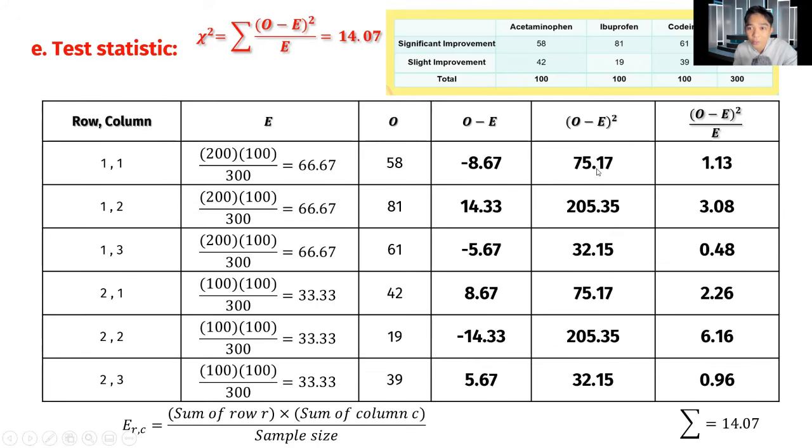So 75.17 divided by 66.67. Let me double check. That is 1.127 or 1.13. Likewise, 205.35 divided by 66.67. 32.15 divided by 66.67. Then next, 75.17 divided by 33.33. And 205.35 divided by 33.33. And 32.15 divided by 33.33.